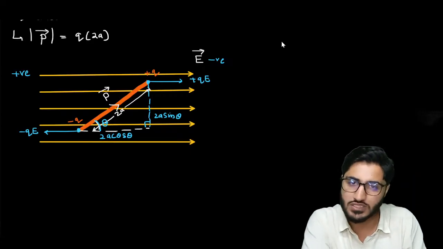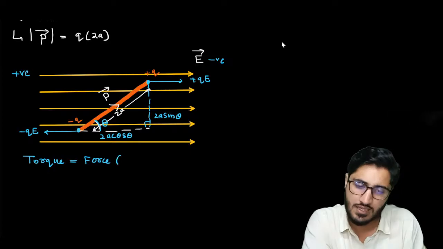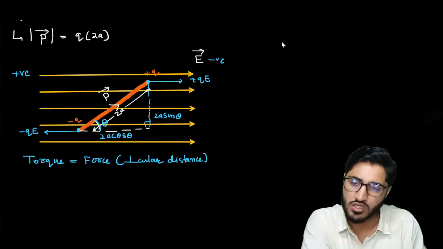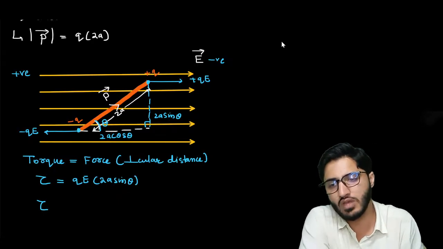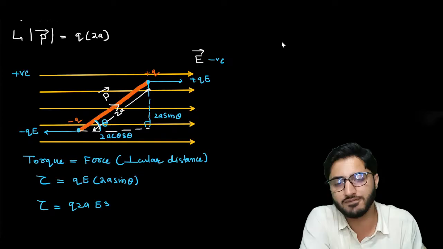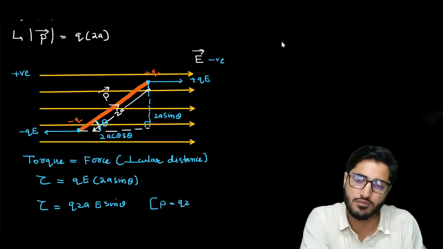So what is torque then? Torque is force multiplied by perpendicular distance. Torque is tau. Force is qE, and perpendicular distance is 2a sin theta. So torque equals q 2a E sin theta. We know from the above equation, dipole moment P is q times 2a.